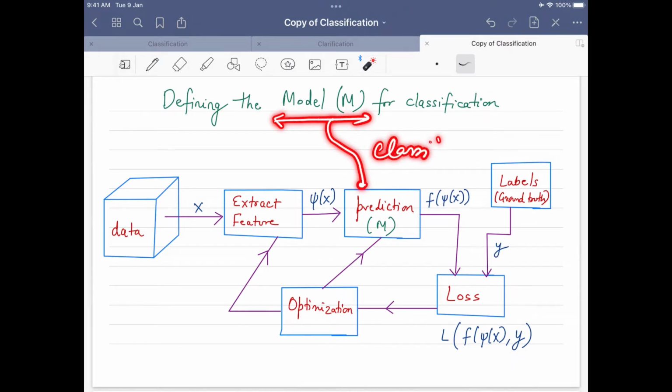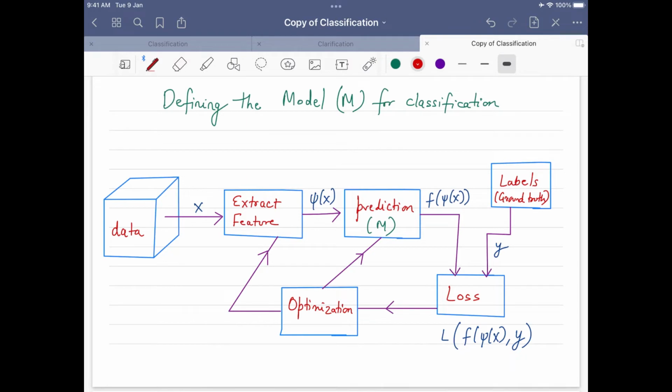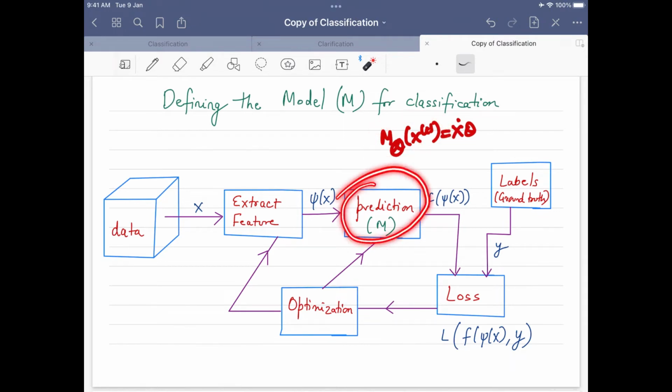In the earlier case of regression, we already discussed that model, which was m theta of x i, which is x dot theta. But now in classification we have to find this model and see what kind of model we can come up with.